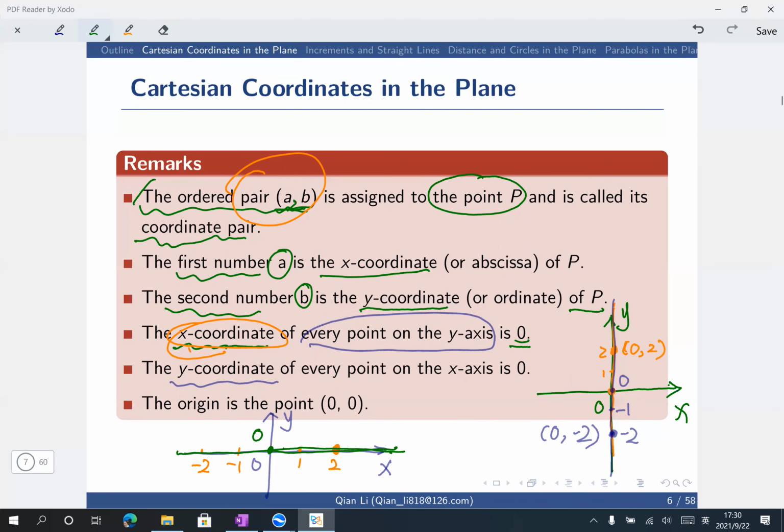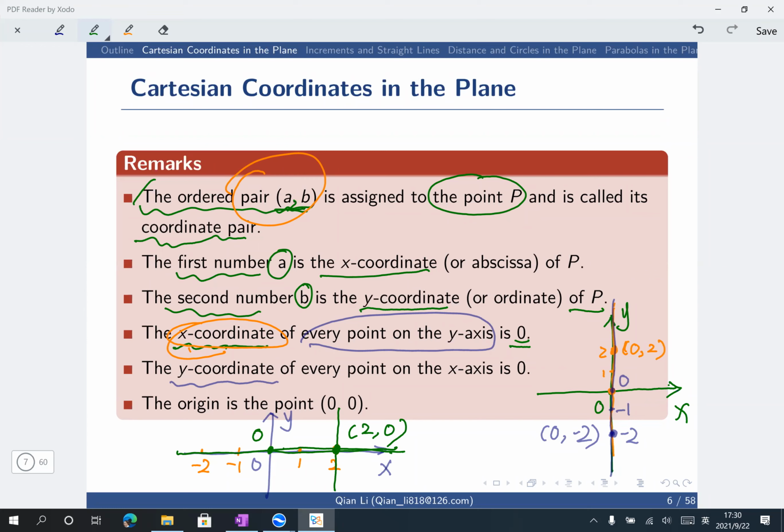And if we draw a vertical line through this point, it will intersect the x-axis at 2. So the ordered pair of this point will be (2, 0), right?